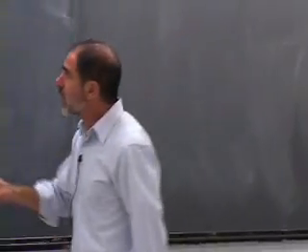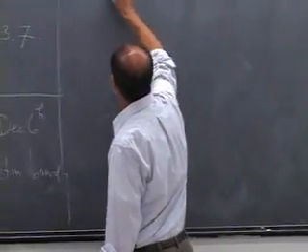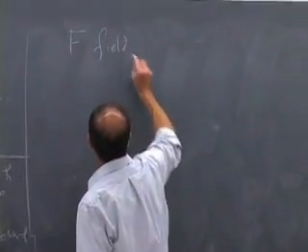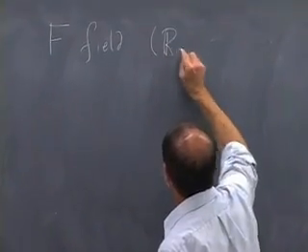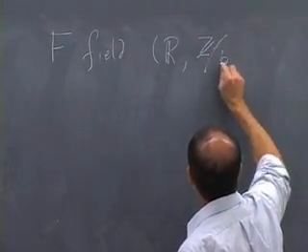Okay, so last time we defined what a field was. And we had various examples, like the real numbers and the finite field, the integers mod p.